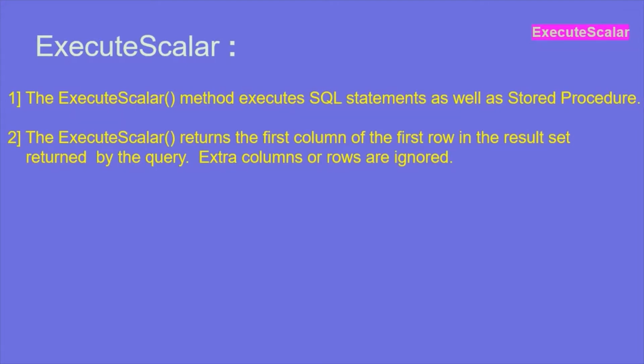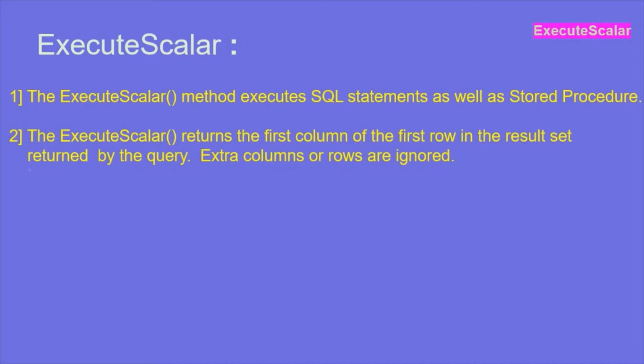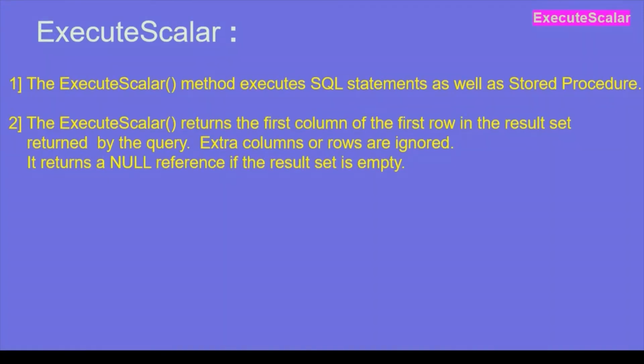Then, ExecuteScalar method returns only the first column of the first row, and if we cannot get any row, that is when result set is empty, at that time ExecuteScalar method returns null reference. It returns a null reference if the result set is empty.